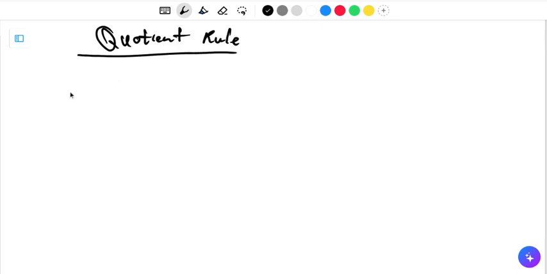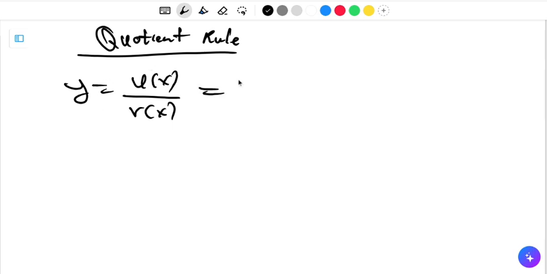So let's say we have y being equal to u of x divided by v of x. As you can see here, we have two functions which are being divided. This one can also be equal to f of x divided by g of x, depending on the functions that I have given you. Right, so how can you go about this one?